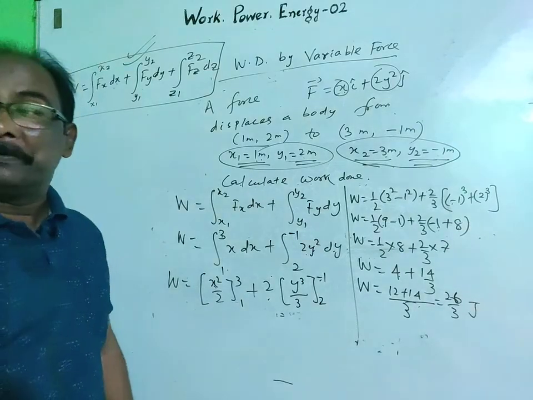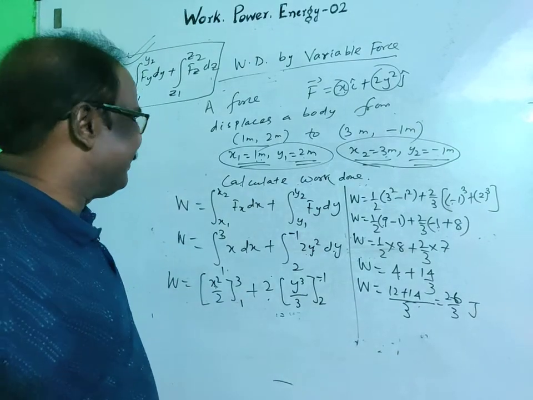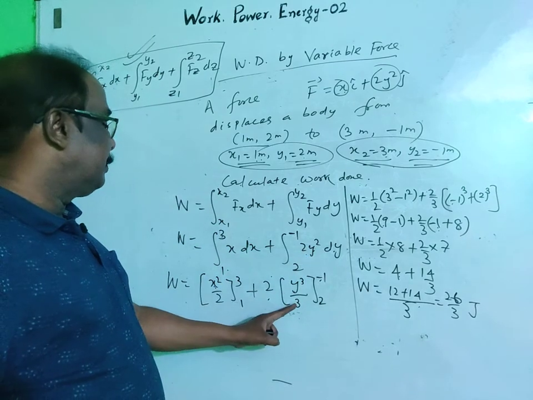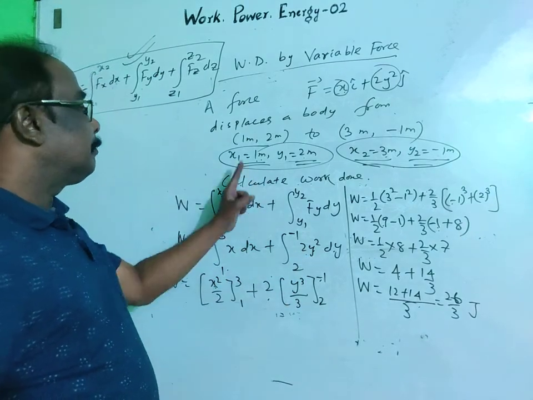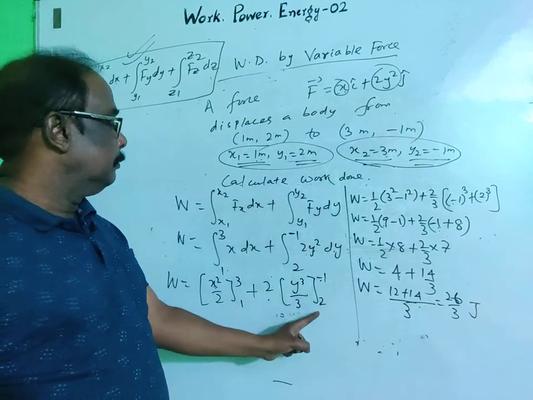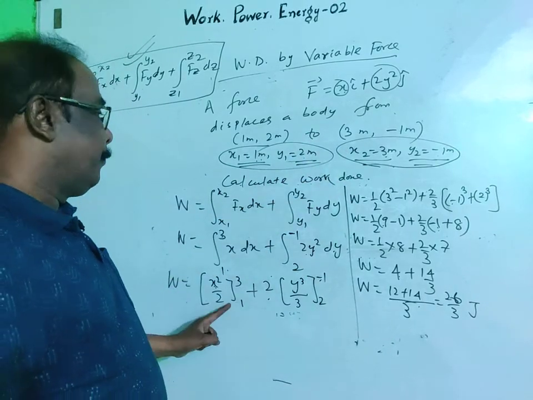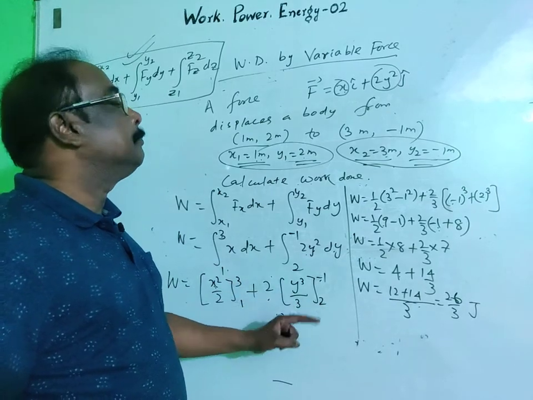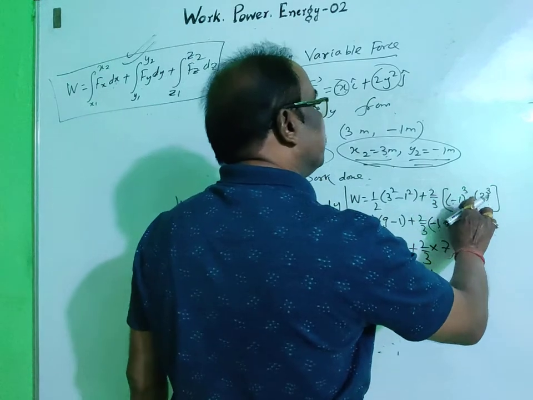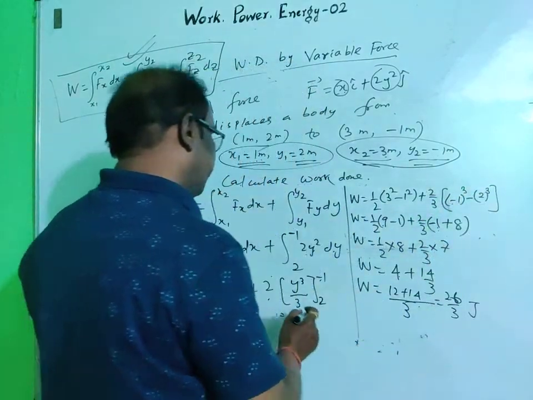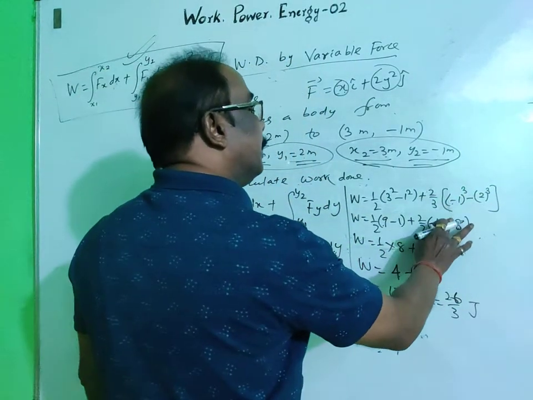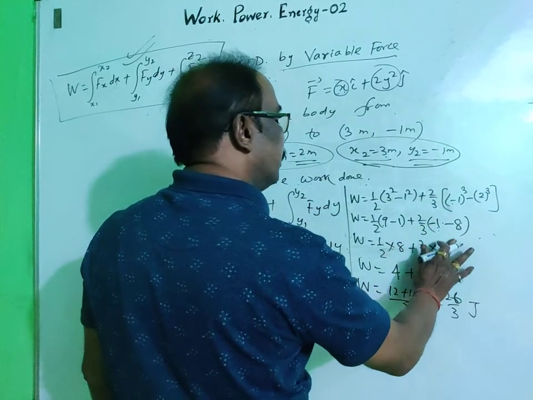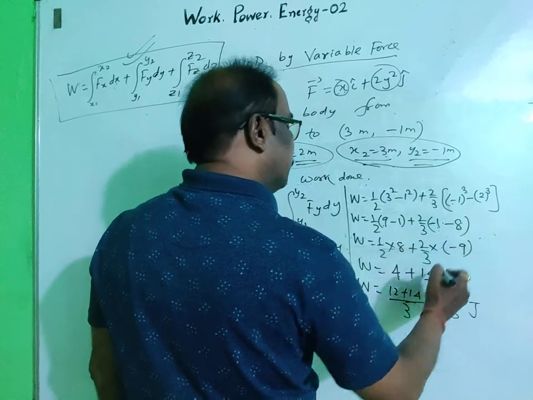Then check your calculation. X square by 2, y cube by 3, limits 1 to 3, 2 to minus 1. 1 by 2, 3 square minus 1 square, 2 by 3, minus 1 cube. Sorry, this is minus 2. Then it is minus 9.